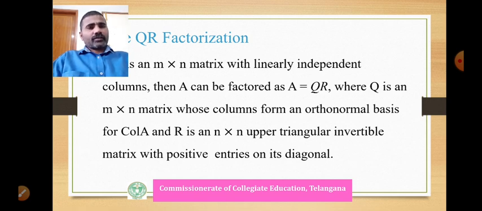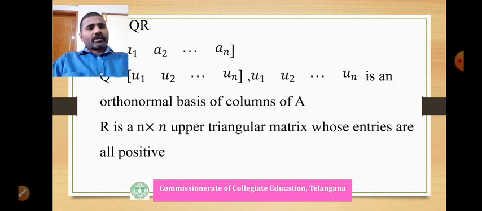That's why every matrix of order m by n can be factorized as Q into R, where Q is the orthogonal matrix and R is the non-singular upper triangular matrix. Now, how can we find this orthogonal matrix and upper triangular matrix? They are determined by using the Gram-Schmidt orthogonalization process.